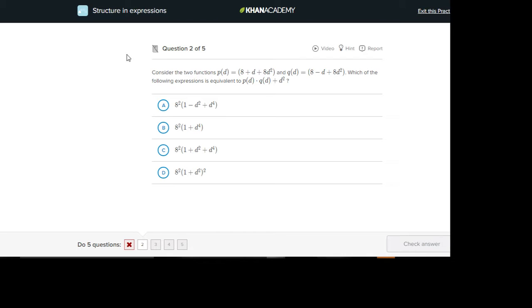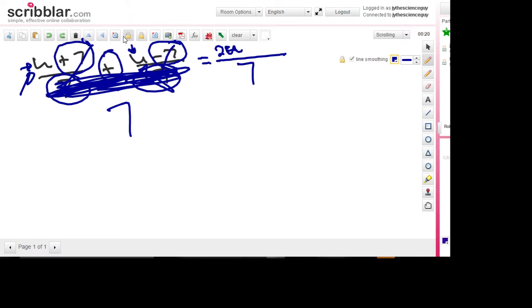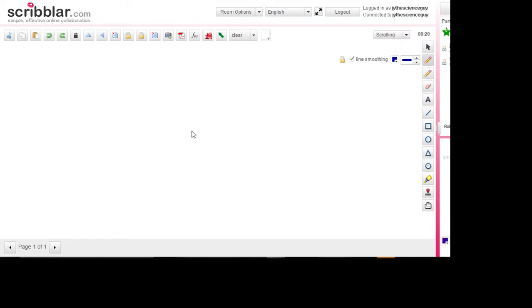Okay. Well, let me show it to you this way. I'm going to clear this. Tell me what PD looks like. Tell me the equation for that one. PD is parentheses 8 plus D plus 8D squared, and then closing the parentheses. Do I have that written right? Let me see. 8 plus D, but yes.